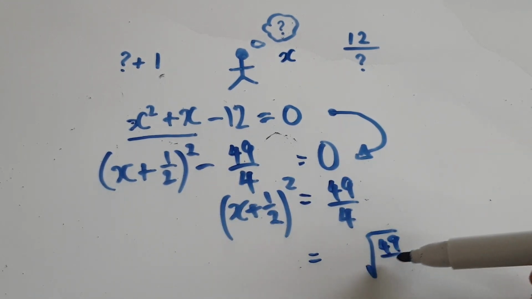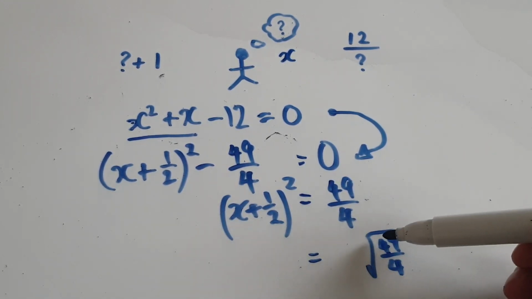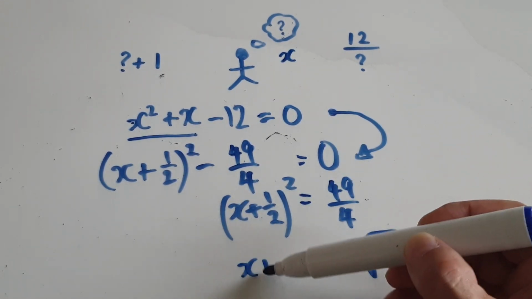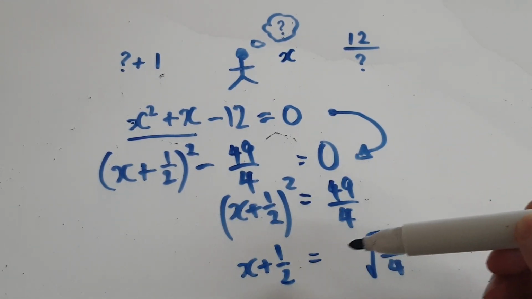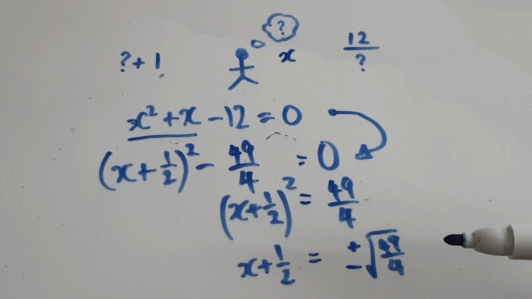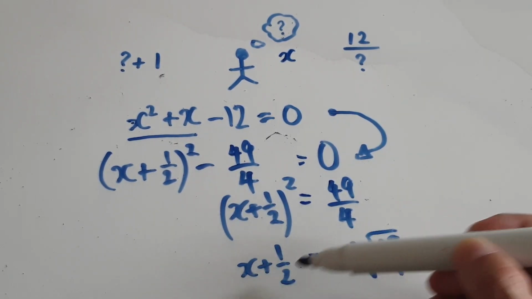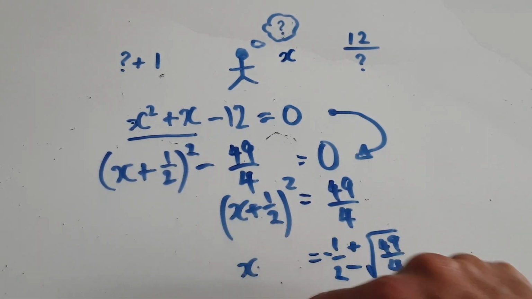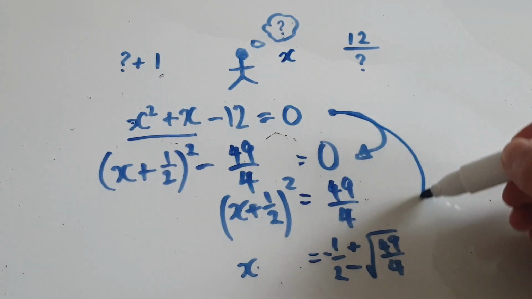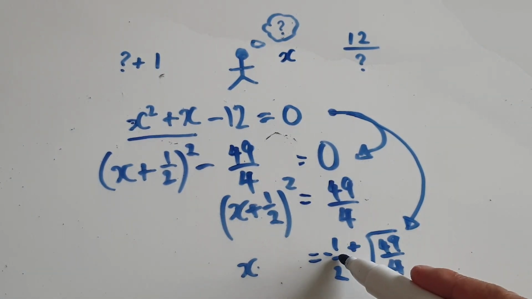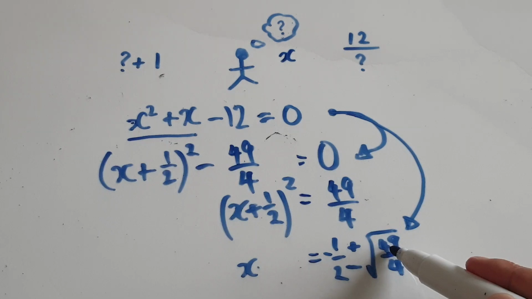So take this thing down, square root it, and that will then give us this thing here. And remember, when you square root something, you get 2 versions: the positive version and the negative version. Now take away a half. I'm expecting you to be able to complete the square. We've done this many times. So the answer is this: negative a half plus minus square root of 49 over 4.